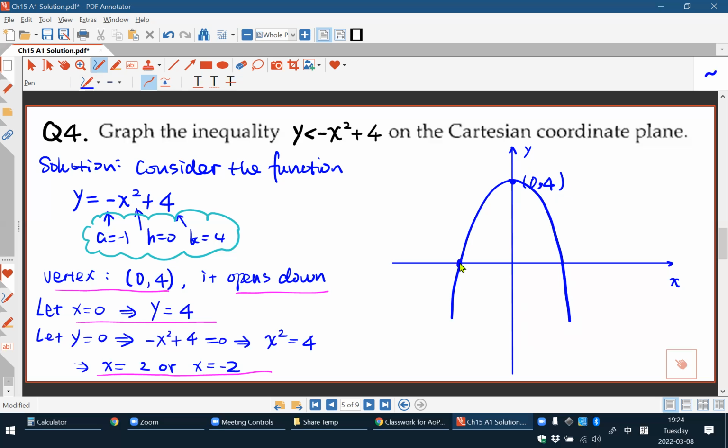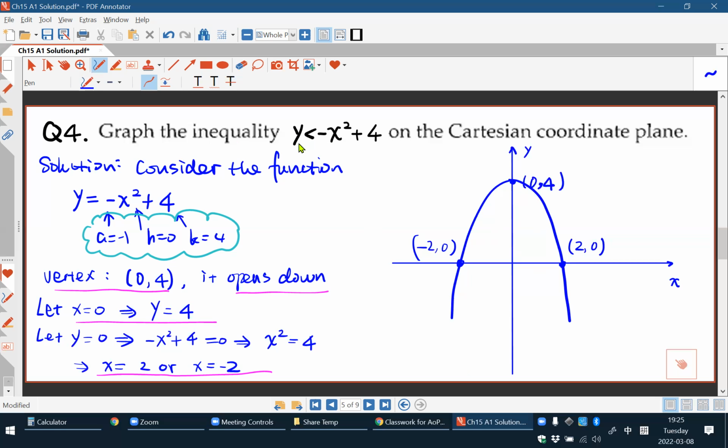And there are two intersections between this curve and the horizontal axis. One of them is (-2, 0). The other one is (2, 0), right? Okay, so this is a sketch of this quadratic function. But note here, actually, we want to graph the inequality, right? The inequality says y is less than.